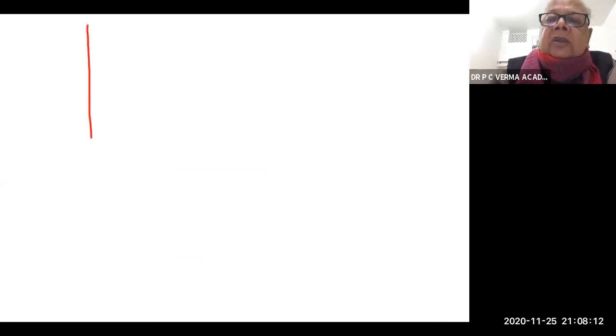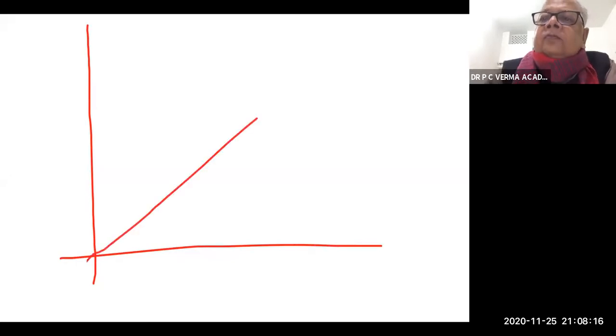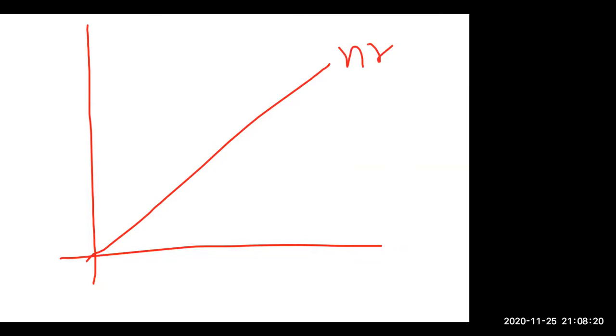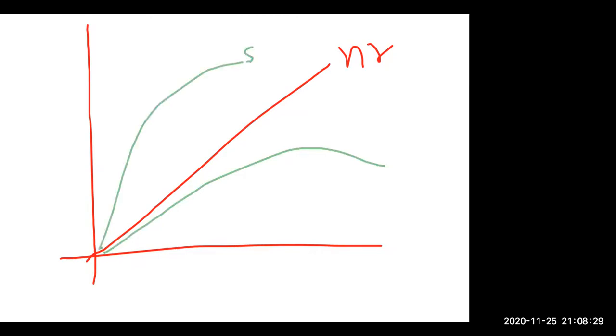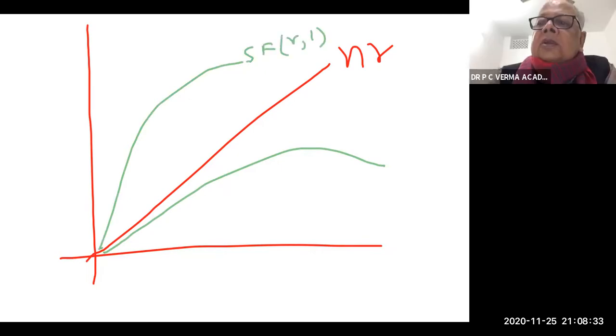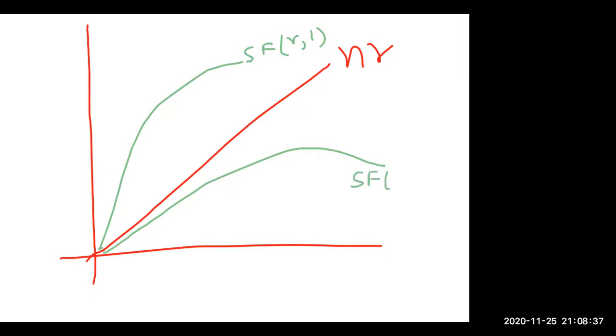Solow says that in his model, NR starts from 0. But if this is SF R1, there is no intersection.